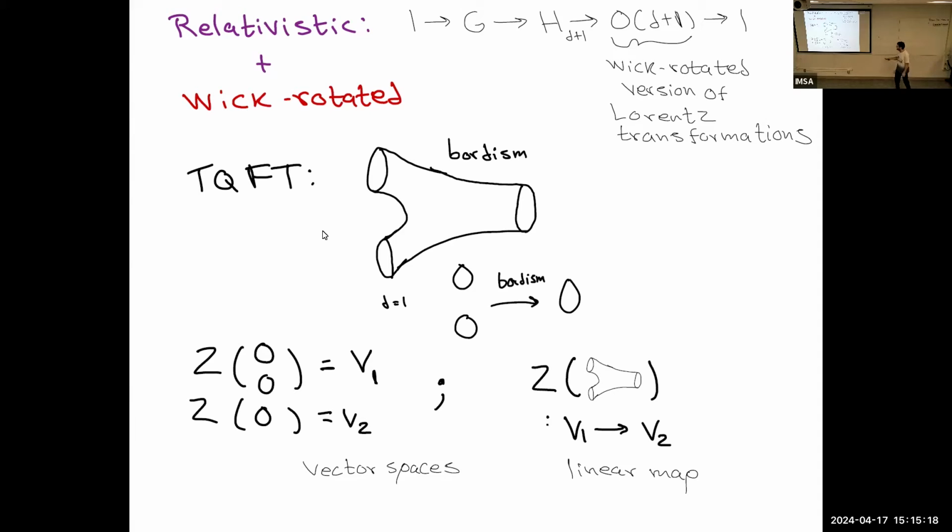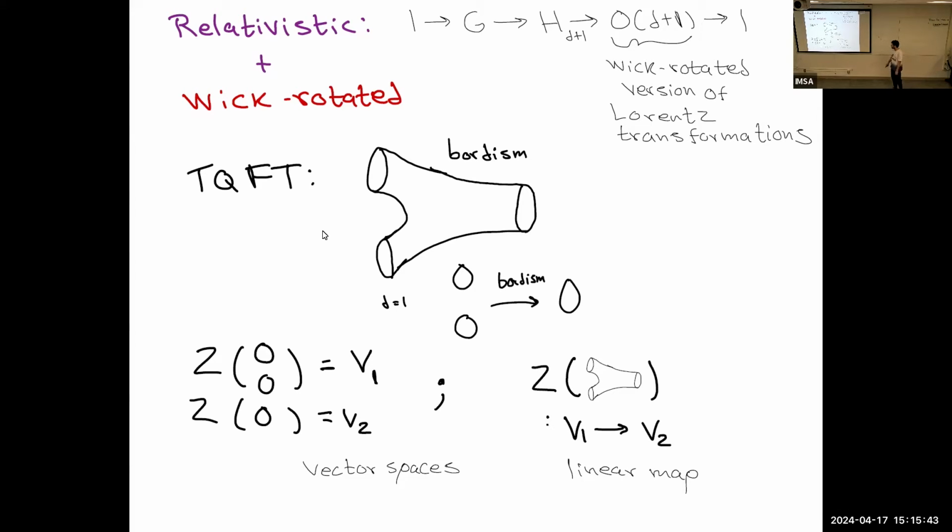Okay, and a TQFT is something that's hard to explain in one slide, but I'll try my best. The idea is you first have to start with bordism. Imagine you have two circles, and you can join them into one circle this way. This is the most famous bordism, called the pair of pants. This is in D equals 1.